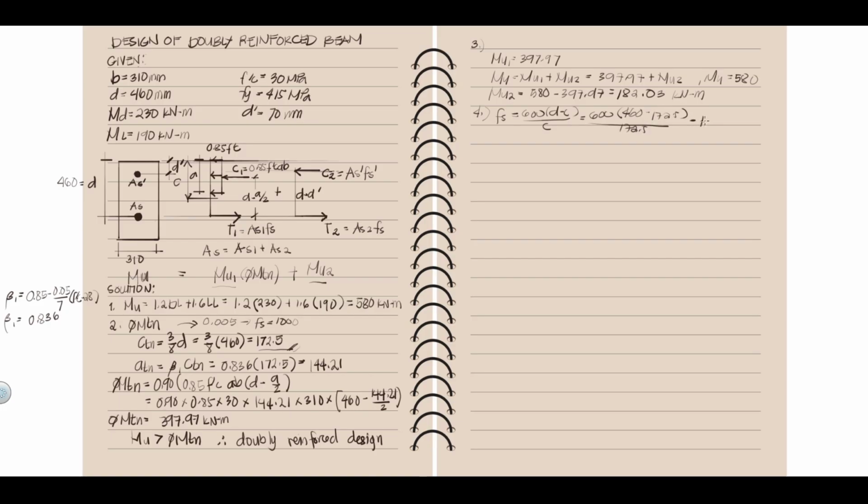So, it is equal to 1,000. So, para sa ibang mga example, ang mga solve nyo automatic, ng stress natin doon is equal to 1,000. Therefore, our tension bar yield. So, it will yield. Tension still will yield.